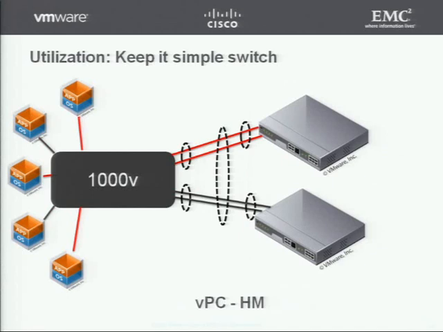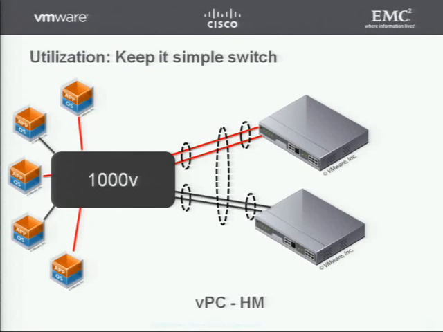So, another option is the VPC-HM, virtual port channel. This one's a lot more complex to set up, no doubt about it. In fact, if you look at Cisco's manuals, they'll tell you, just go with MAC pinning. Unless you've got a reason, just do MAC pinning because it's easy. What's cool about this is I create a virtual port channel, this big one right here. Inside that virtual port channel of links, I create two uplink sets, A and B. Those can be multiple links, so these little guys in here can be those 17 different modes of port channel trunking.